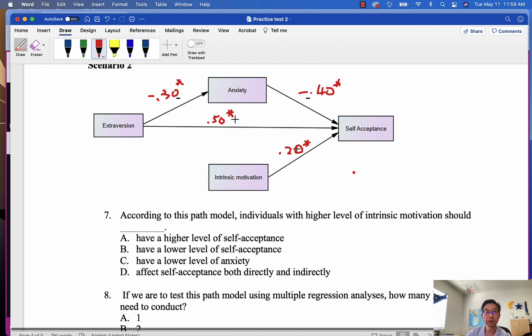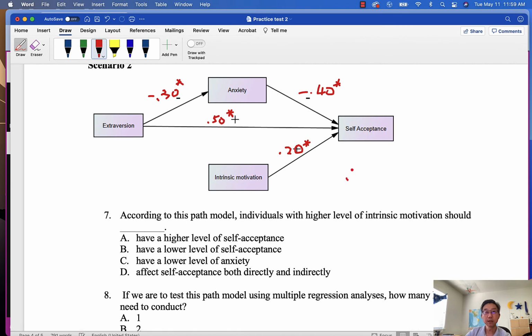So the total effect equals the sum of the direct effect, which is 0.5, plus the indirect effect, which is the product of the path coefficients, negative 0.30 times negative 0.40.